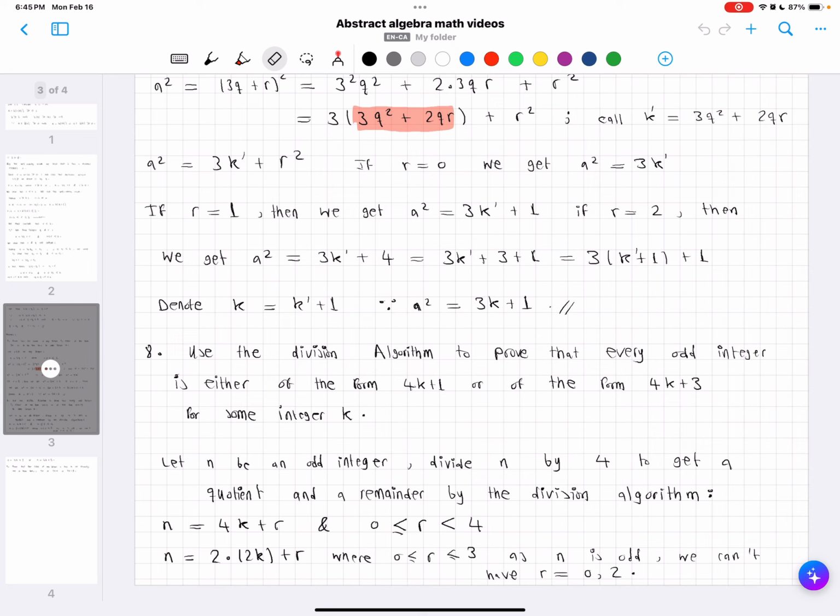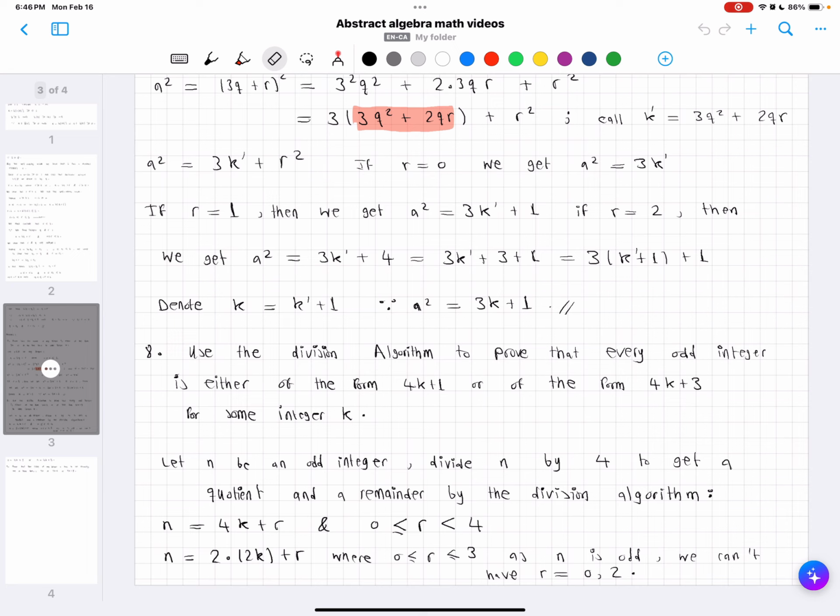So let n be an odd integer, divide n by 4 to get a quotient as well as a remainder. So then we have that n is 4 times some quotient k plus r, where r is guaranteed to be bigger than or equal to 0 and less than 4.